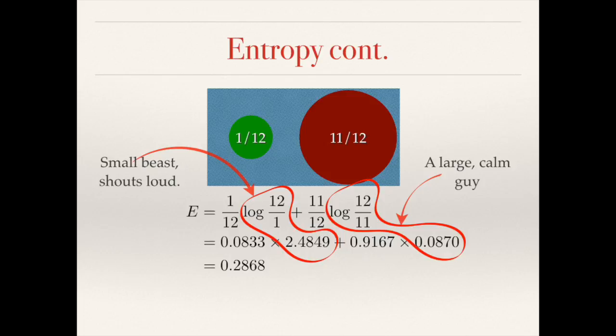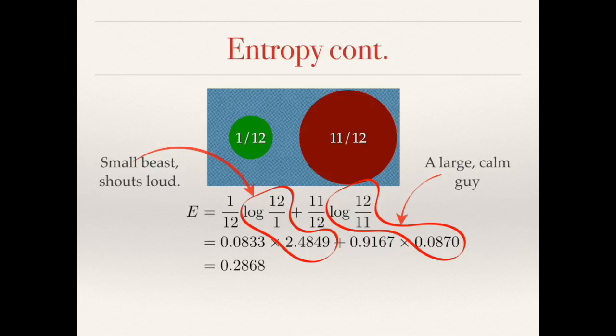Look at the logarithm of the inverse probability. For the event or object with a small chance of happening, the inverse of its probability is large. If we want to consider it in an intuitive way, we can think that this is a small beast but shouts very loud.